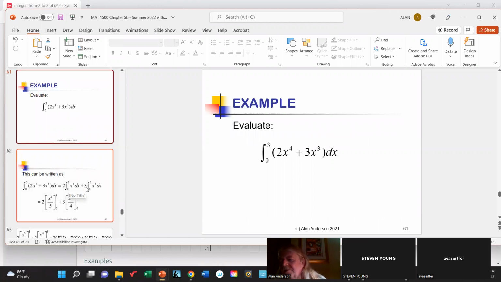Now, this one is a little bit messier, but still, as you can see, it is a simple polynomial, which means the first thing we should probably do is rewrite it a little.